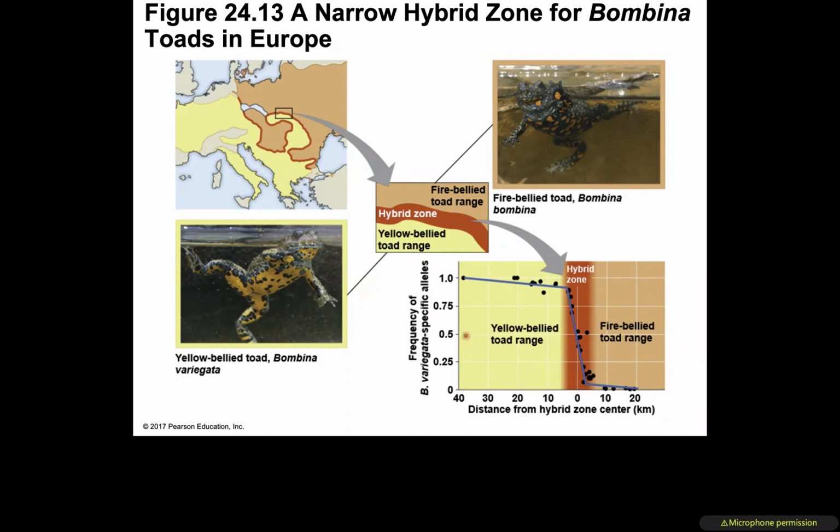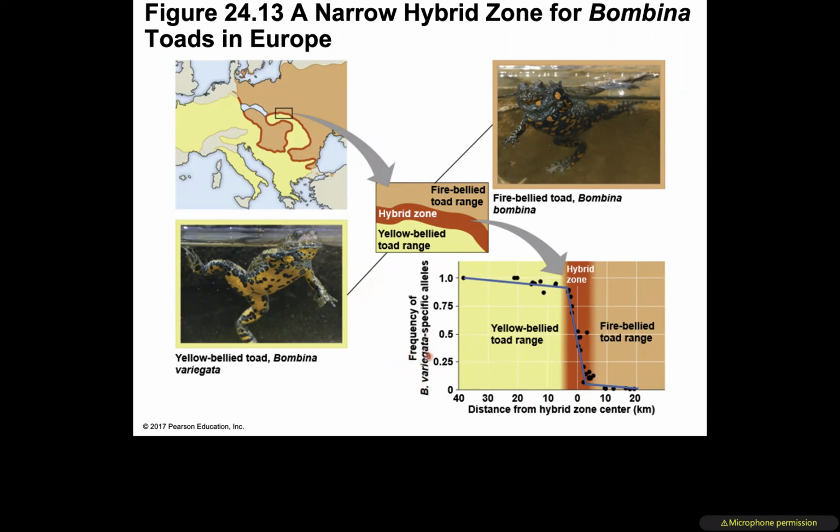And so if you look here at your little chart, you can see distance from the hybrid zone center. So distance 40 kilometers, 30, 20, 10, getting close to that zone. And then you go on this way, distance gets more again. And then what are we looking at? The frequency of the alleles of the variegata.